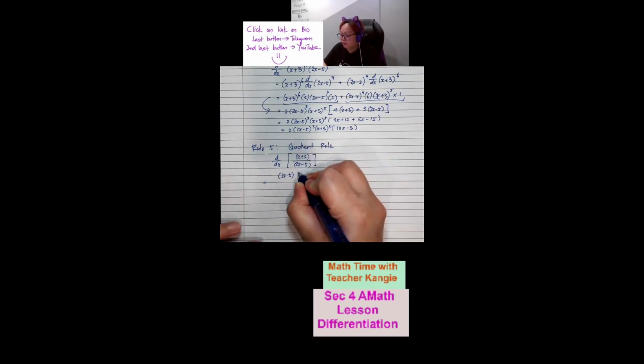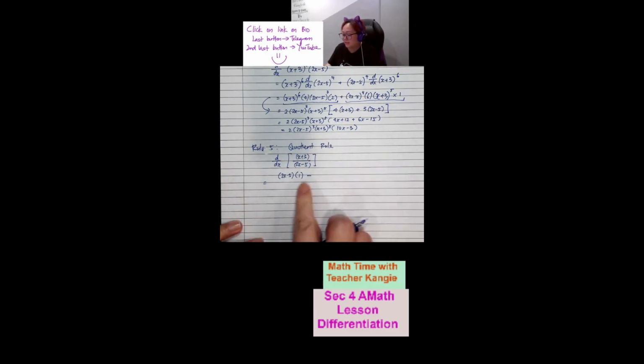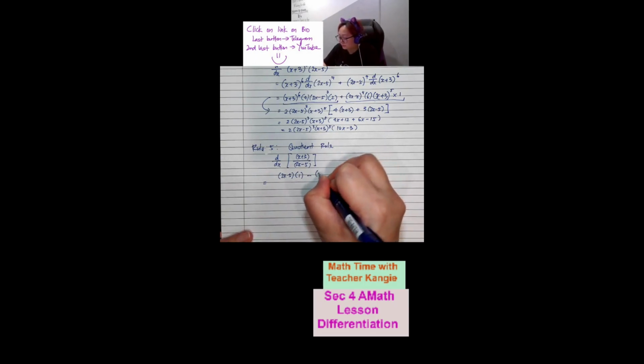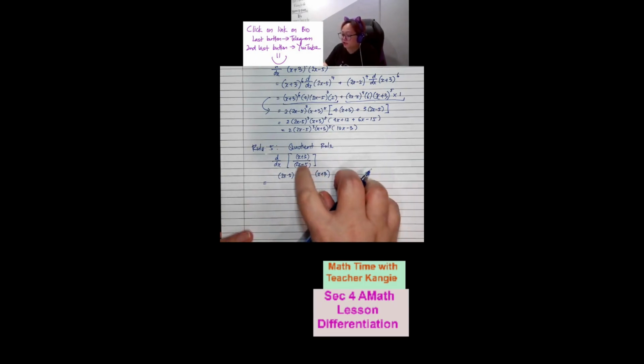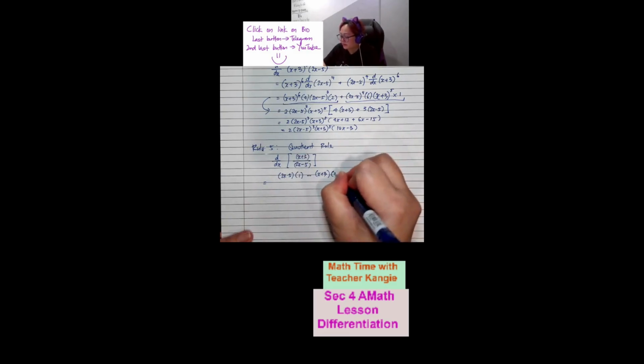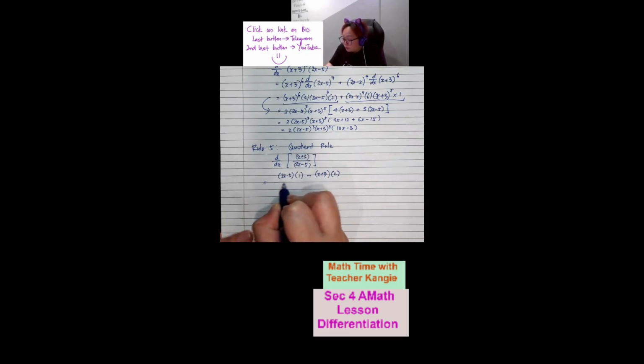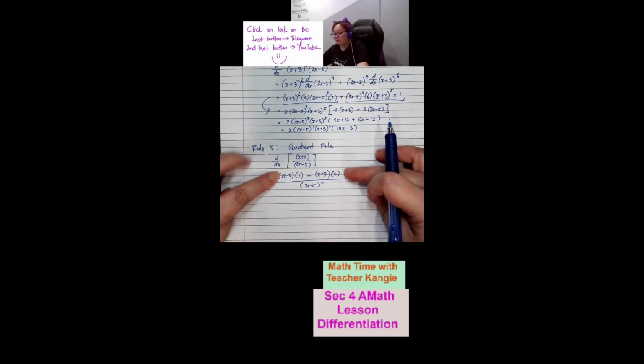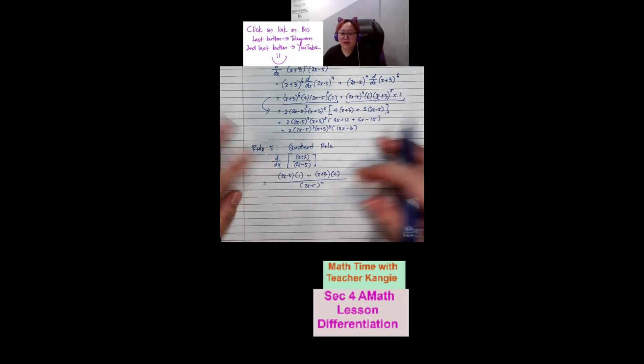In this case, the top is just 1 minus, and be careful, for the quotient rule it has to be minus. Then you keep the top and differentiate the bottom. In this case, it's a 2, and don't forget to put over the bottom squared. I have students who differentiate and are only left with the numerator; the denominator disappears.